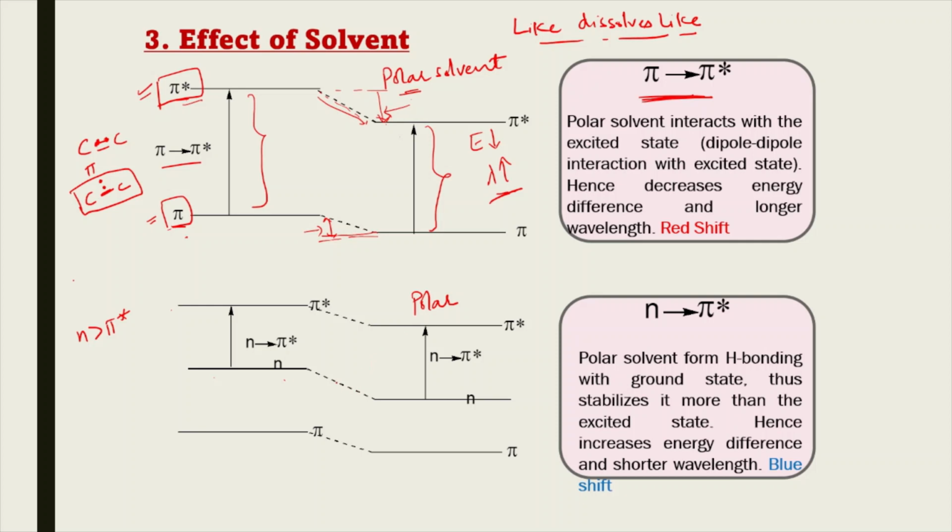Here the polar solvent will stabilize the non-bonding state more as compared to the pi star. So ultimately what happens here, the n to pi star transition, this much amount of energy was required, but when the solvent was changed to be more polar, then this amount of energy was required for transition.